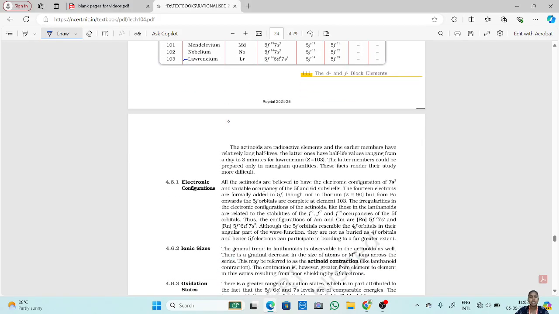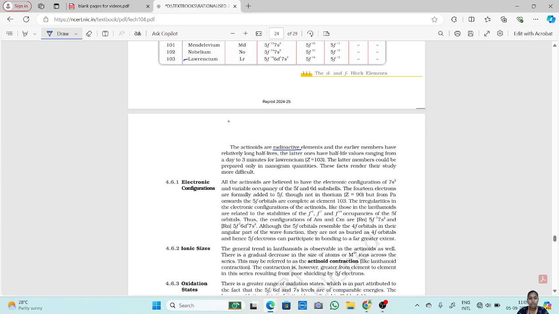Now, the actinoids are radioactive elements, and the earlier members have relatively long half-lives. The later ones have half-life values ranging from a day to 3 minutes for lawrencium.